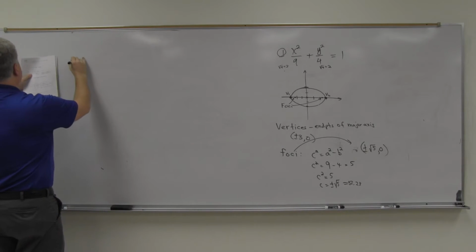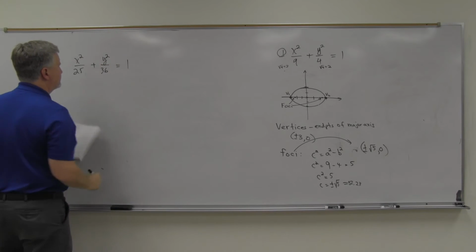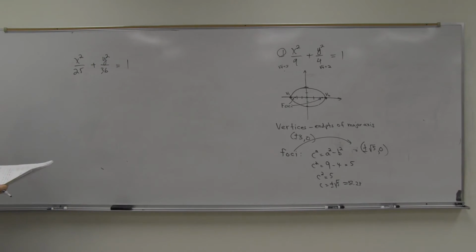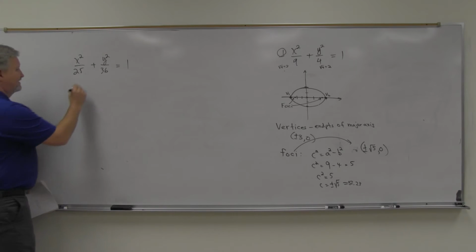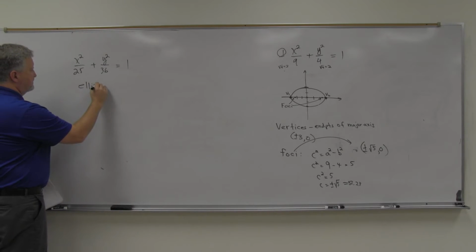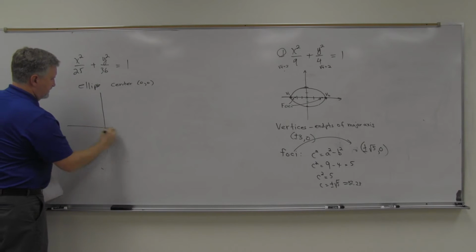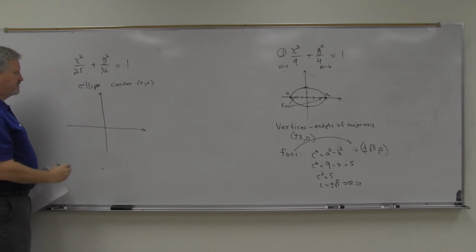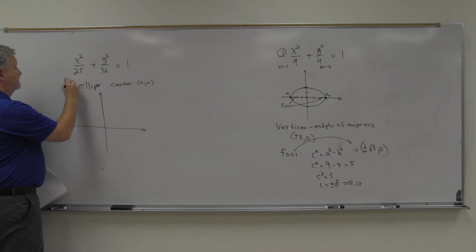What else? X squared over 25 plus y squared over 36 equals 1. Ellipse, right? Yep. It's not shifted, so the center is 0, 0. Let's graph it to get the other bits of information here. How far on the x do I go? 5.